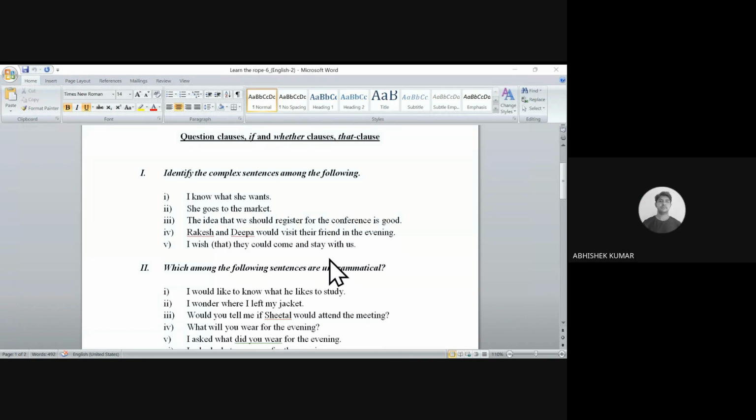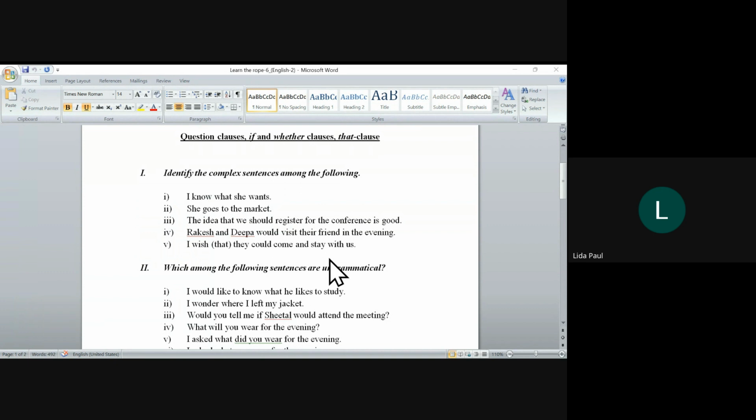Because it doesn't contain a subordinate clause, I mean an independent clause. Subordinate is a dependent clause, not an independent one. Sorry, ma'am, I got confused. No problem. But look at it closer.